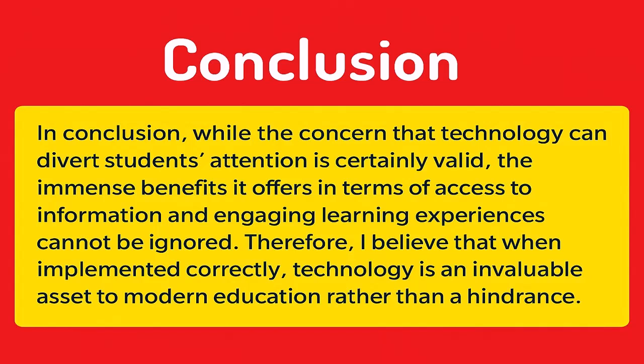Therefore, I believe that when implemented correctly, technology is an invaluable asset to modern education rather than a hindrance. It's a confident and clear closing statement. By having these clear introduction and conclusion statements, the examiner knows exactly where you stand and what your essay is about, right from the start and right at the end.